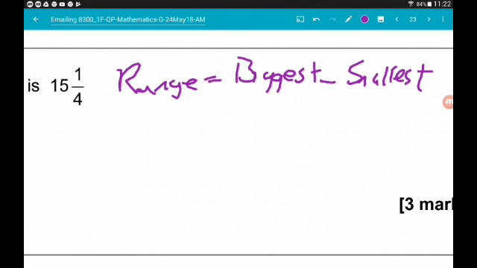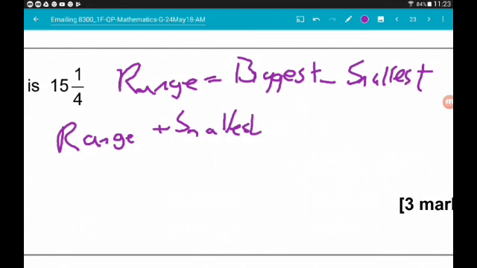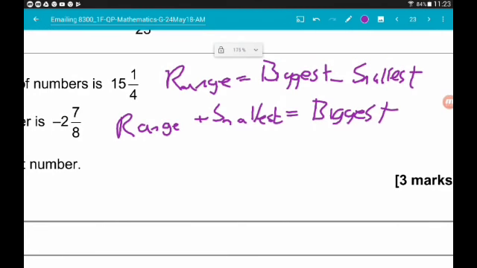So if the range is biggest, take the smallest. If we add the smallest to both sides, then we get range, add the smallest number, is equal to the biggest number. So let's put our numbers in.